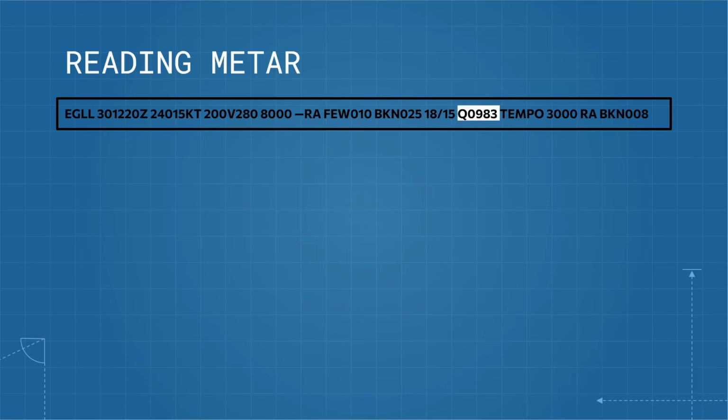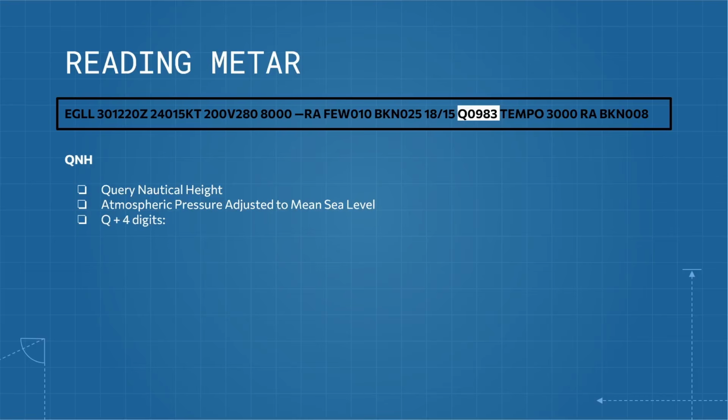The next section indicates QNH, standing for Query Nautical Height, which is a measure of atmospheric pressure adjusted to mean sea level, which is used by pilots to set their altimeter, which is the altitude reading instrument, to show altitude above sea level. The format for this is either Q plus 4 digits or A plus 4 digits.